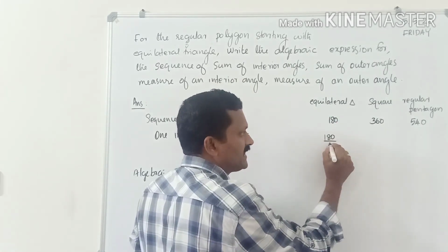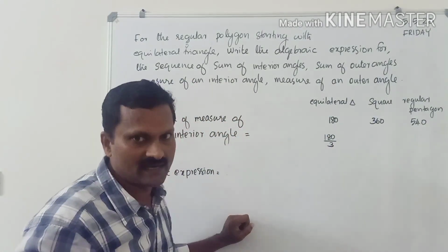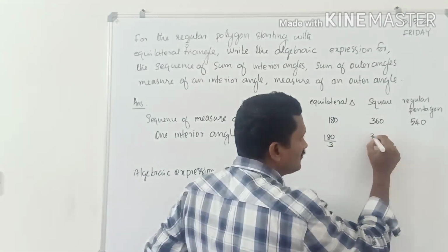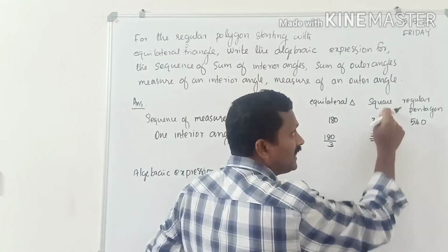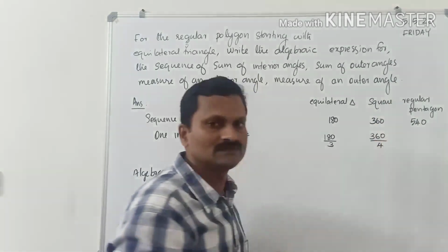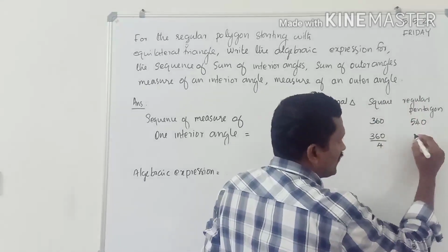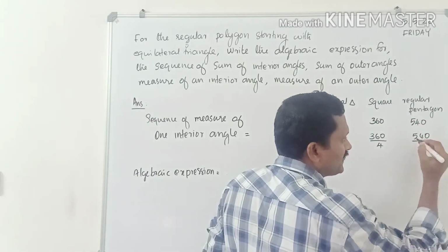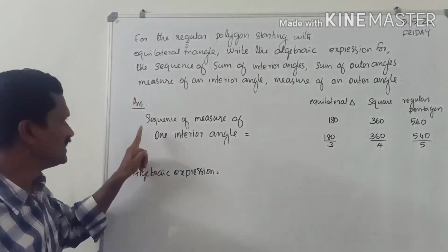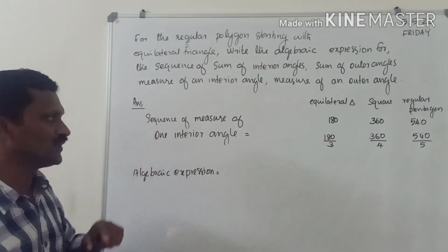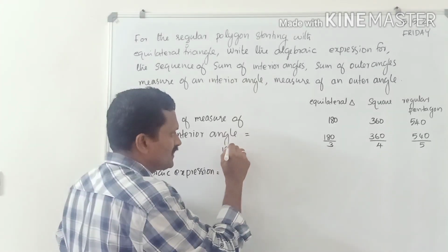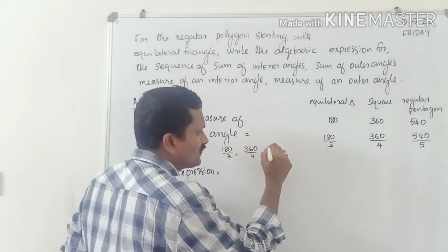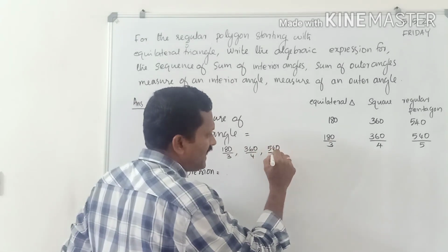Number of sides in triangle is 3. So one interior angle is 180 by 3. In square, 360 divided by number of sides, that is 4. In regular pentagon, 540 divided by number of sides, 5. So, sequence of measures of one interior angle is 180 by 3, 360 by 4, 540 by 5, etc.